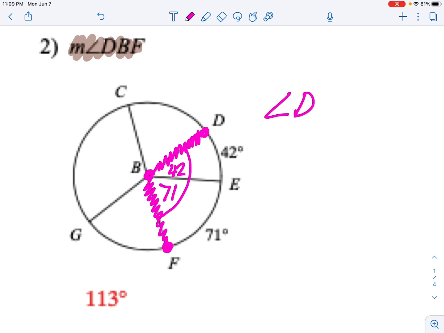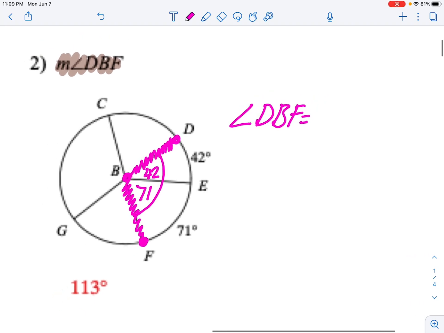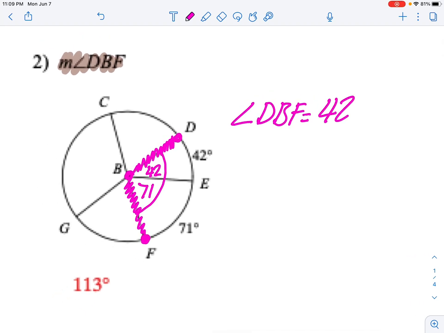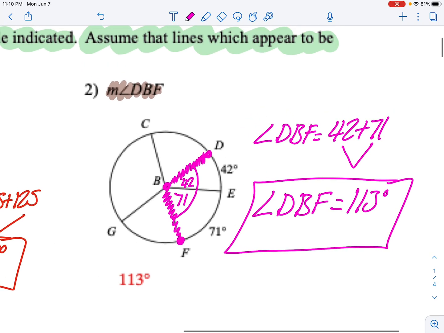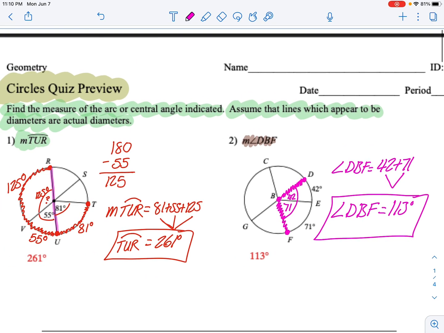So angle DBF is equal to 42 plus 71, which is 113 degrees. And there we go. So you'll definitely see some of these examples in the quiz.